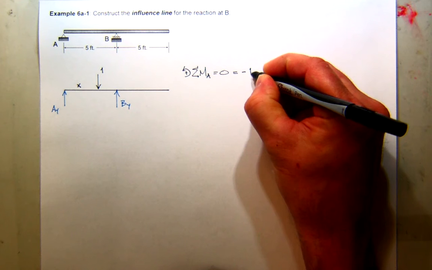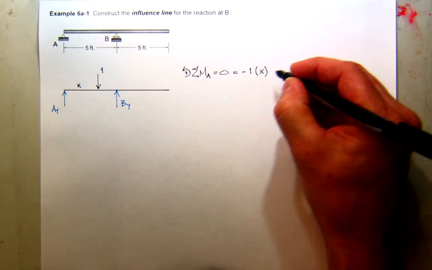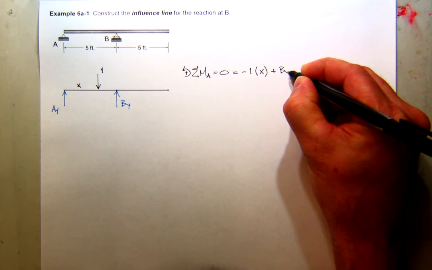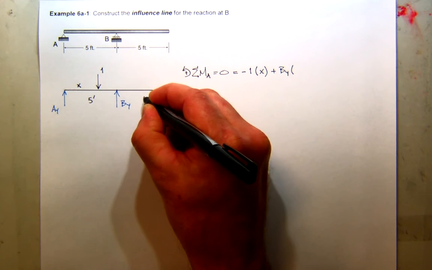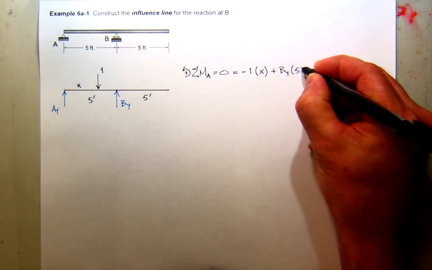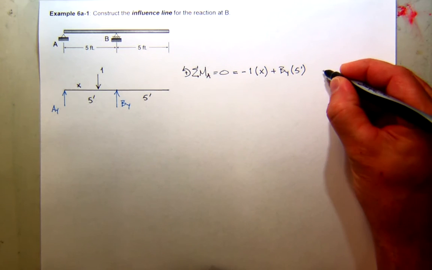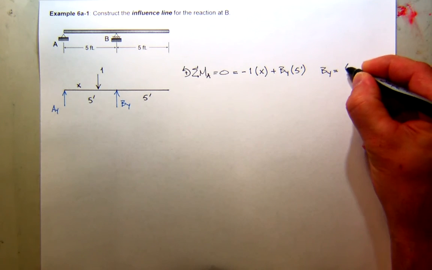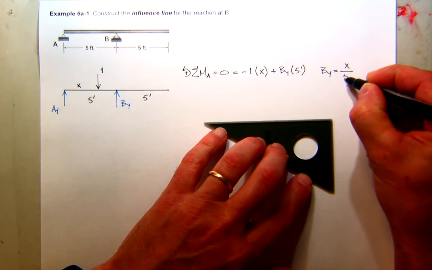Negative. So it'll be 1 times its moment arm of x, and then By creates a positive bending moment times a moment arm of 5 feet. So solve for By. By is equal to x divided by 5.